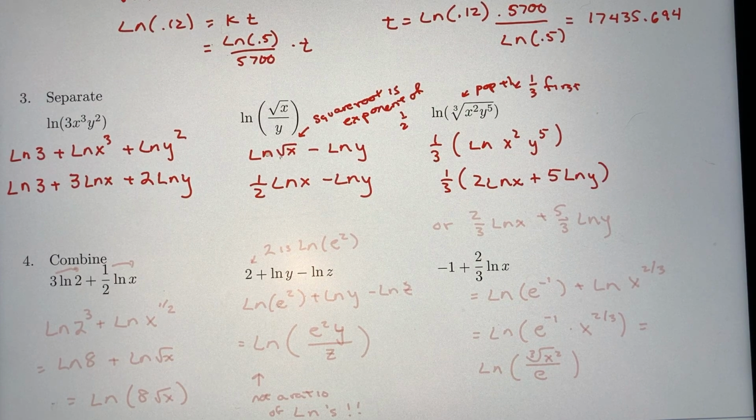Or I could have distributed the exponent first and made it x to the 2/3 and y to the 5/3. Either way, okay, unpop the exponents.